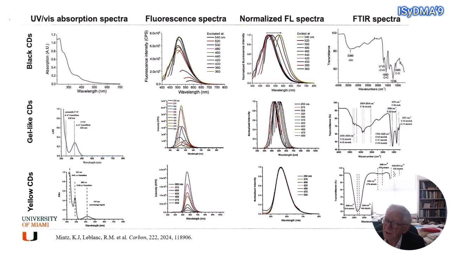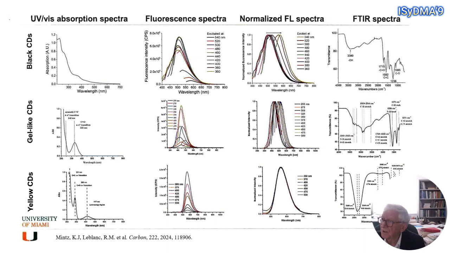Finally, for the yellow carbon dots, that's an important one because we use sonication. That means we use a methodology with much lower energy compared to the black and also the gel.